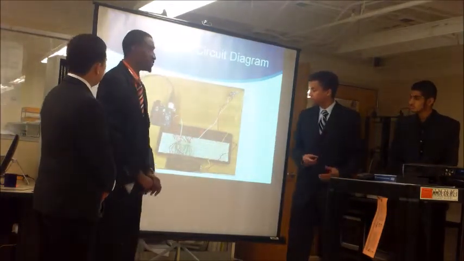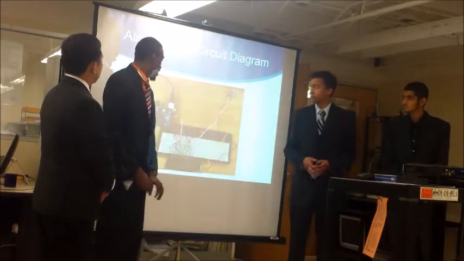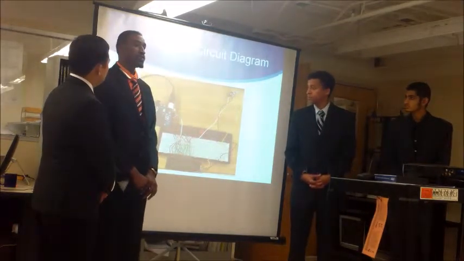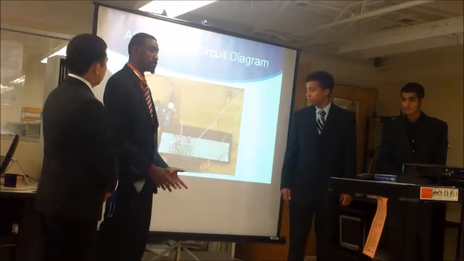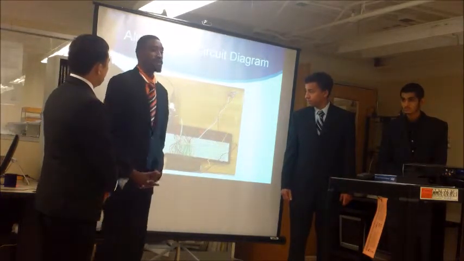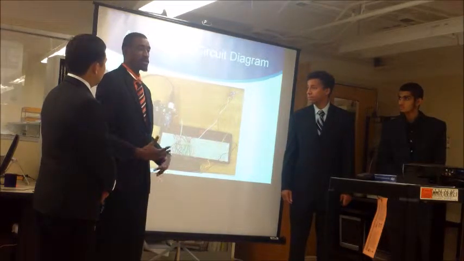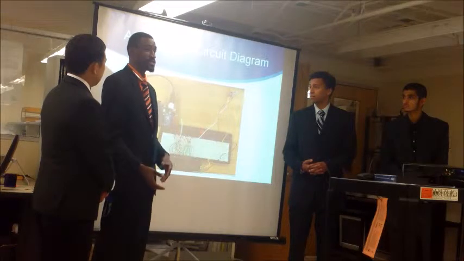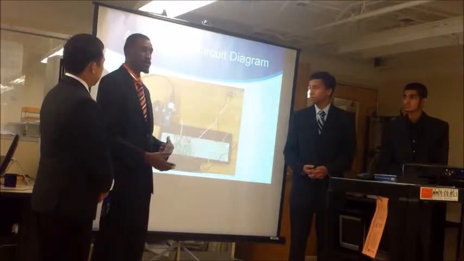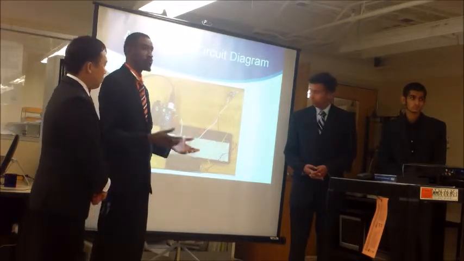As the programmer, I did the code for the Arduino board that actually displays the words on the LCD. The only thing we have to do now is set up the components for when the driver is actually distracted, because right now it's just displaying the message. It's not actually picking up whether they're distracted or not. It's just showing that it works.